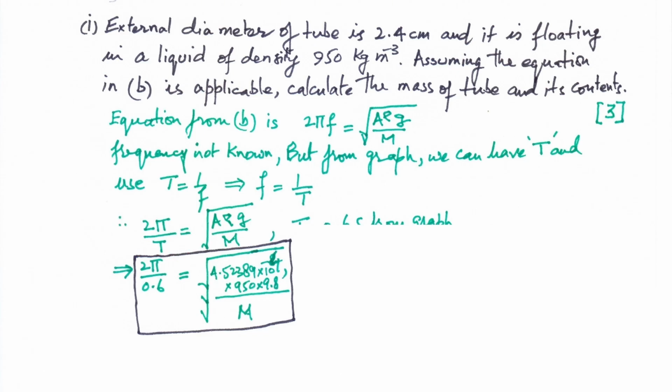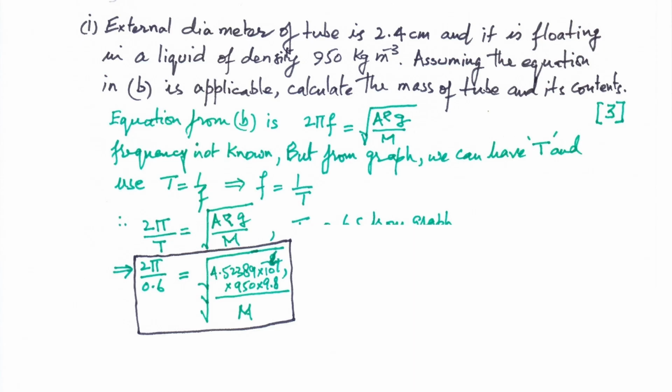Time period I have taken from the graph above, figure 2. Can you see that the time period is 0.6 seconds? I have taken that and put in the values, 2 pi over 0.6 in place of t, and then I also had to calculate the area.